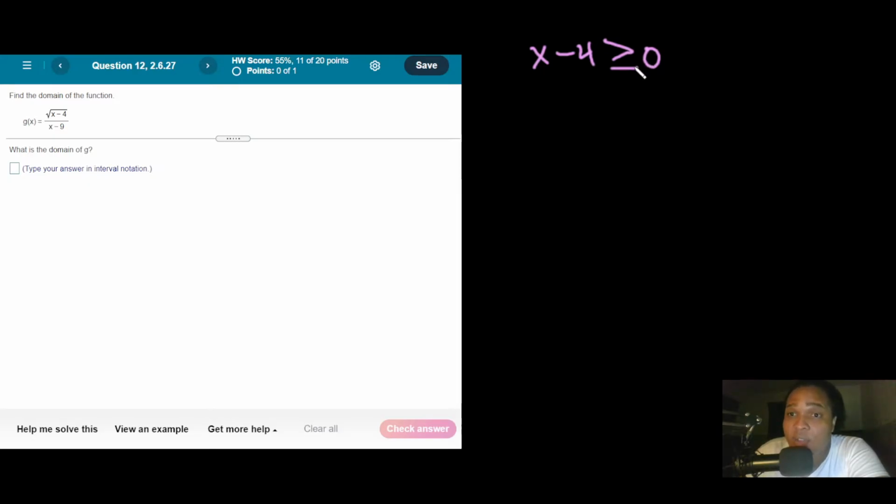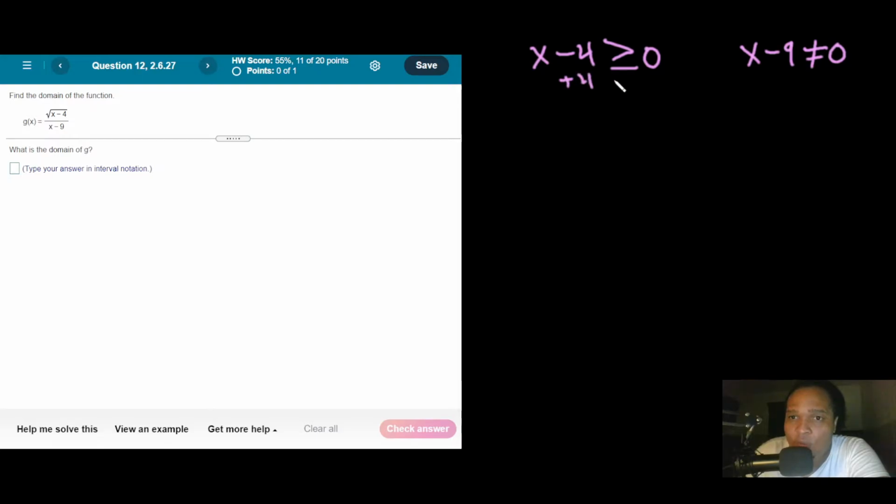So you're allowed to put the equal to 0 portion. And we always put the greater than symbol because we always want the inside of the radical to be positive. What about the denominator? Well, the denominator cannot be 0. So we're just going to take the denominator, x minus 9, and say that cannot be equal to 0, whatever it is. Now, all we're going to do is solve for x for both of them.